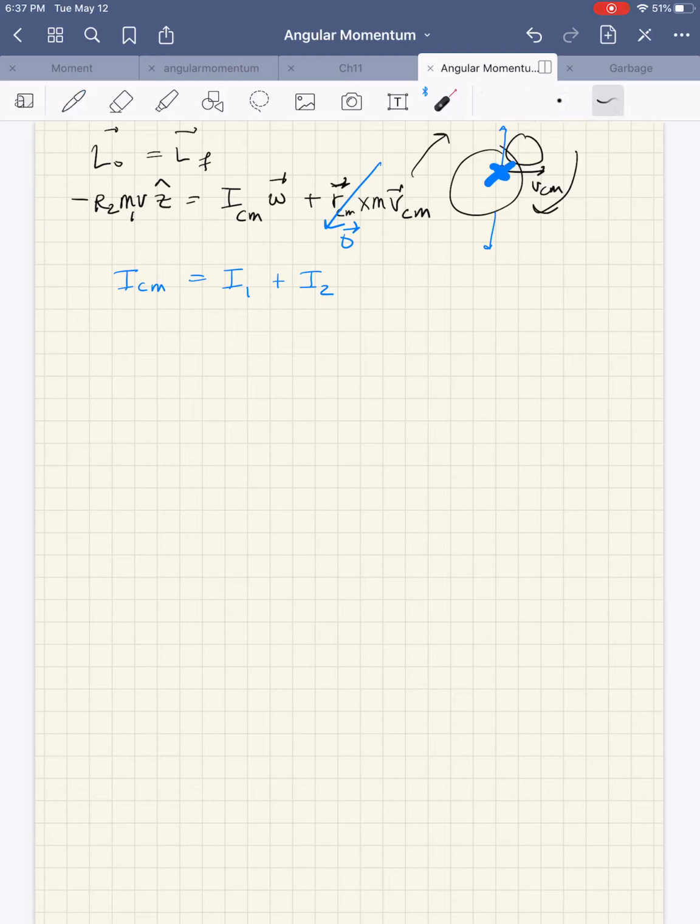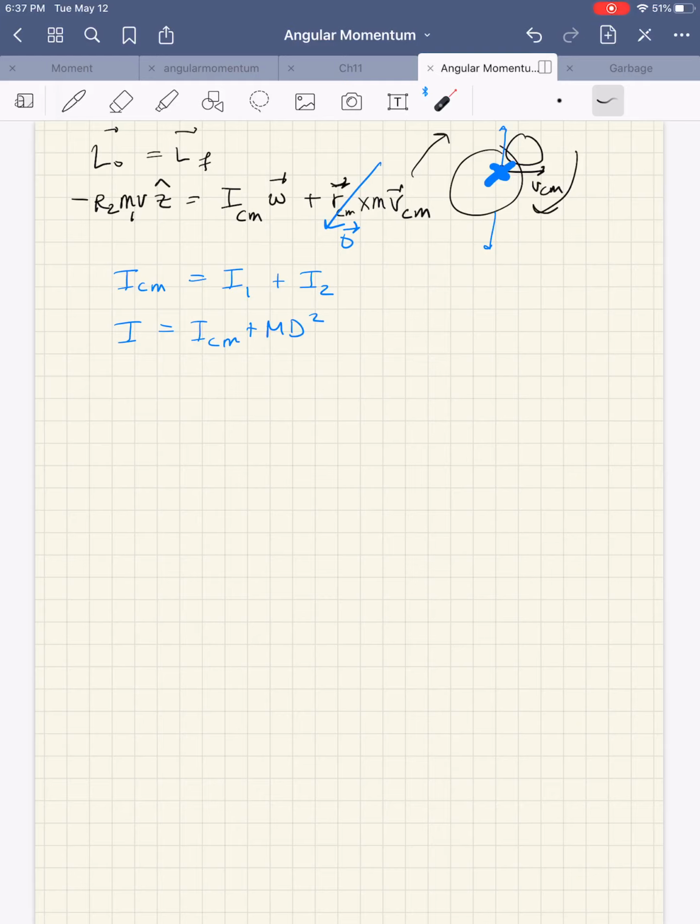So here's the upper disk, M1, and it has R1 as the radius. It's a disk, and so the moment of inertia will just be the moment of inertia through the center of mass plus M d squared. I'm going to have to use the parallel axis theorem because I'm not looking at the moment of inertia through the disk's center, I'm looking at it through the center of mass right here.